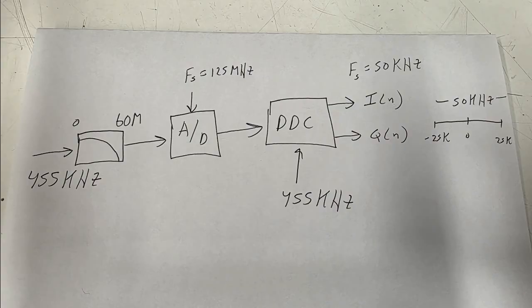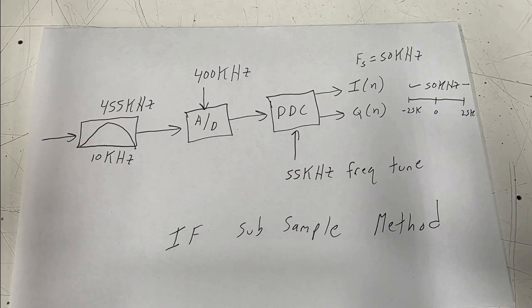So the picture I show now is one method of how you could do that. We have the 455 kilohertz signal. In this case, it's now going through a bandpass filter to guarantee that we only are going to have a 10 kilohertz bandwidth centered at 455 kilohertz.